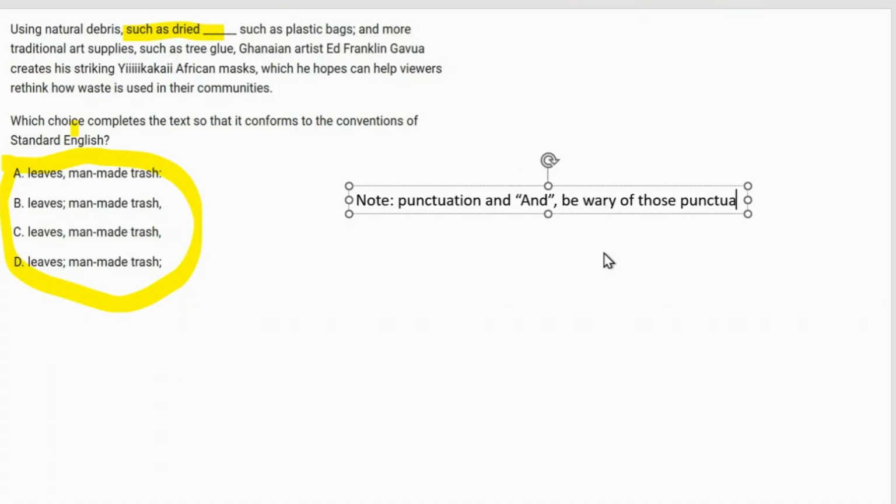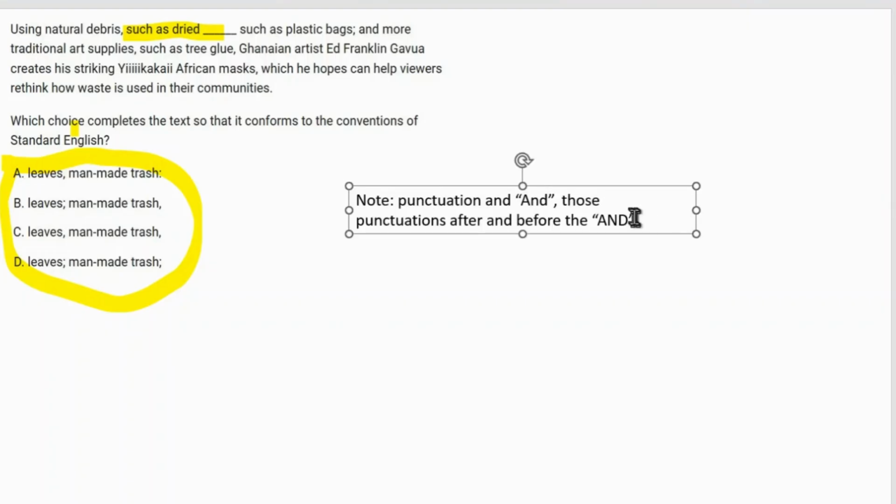Why? Because the punctuation before and after the "and" is going to be the same. I hope you get what I said here.